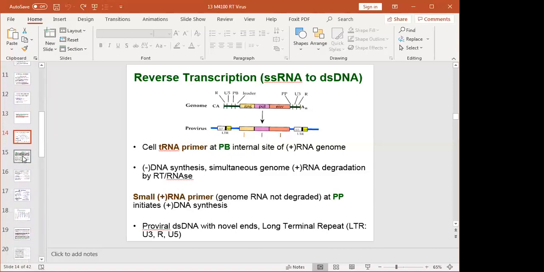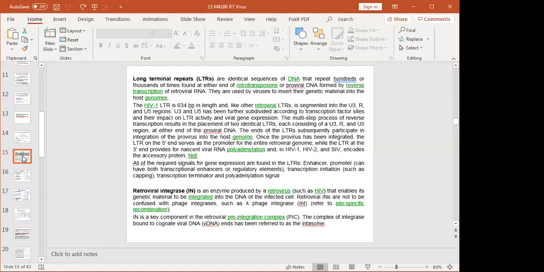Moving to slide number 15 is a description of long terminal repeats as well as retroviral integrase. I want you guys to pay specific attention to these concepts.